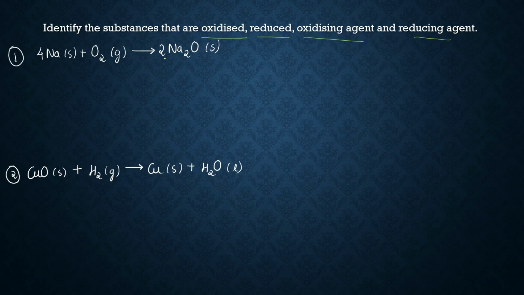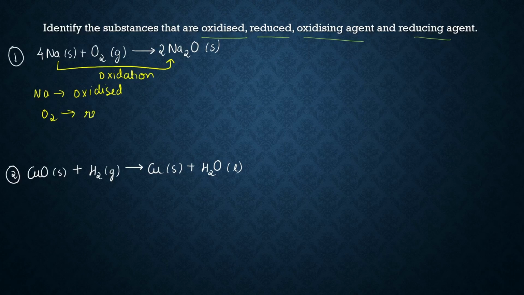Now see in the given equation, sodium is undergoing oxidation. Then I can say that yes, sodium is getting oxidized, which means the other one must get reduced. And I said the answer will always be only from the reactant side; the product side will not come in this.